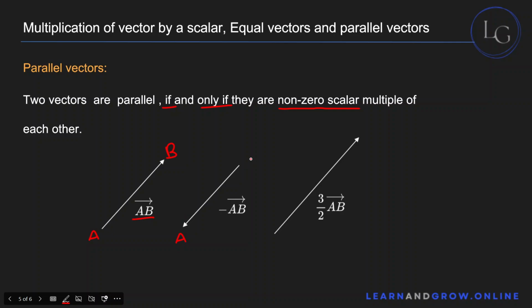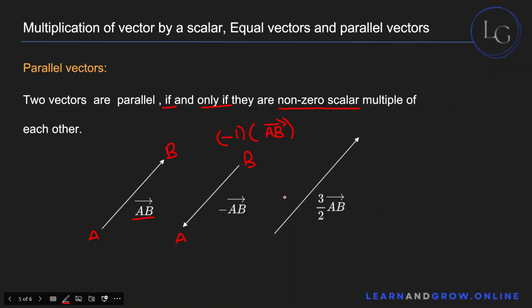And this is negative AB because it is in the opposite direction to the original vector AB. But it is a scalar multiple because negative AB is just -1 into AB. -1 is the non-zero scalar multiple, right? So AB and negative AB are scalar multiples of each other.